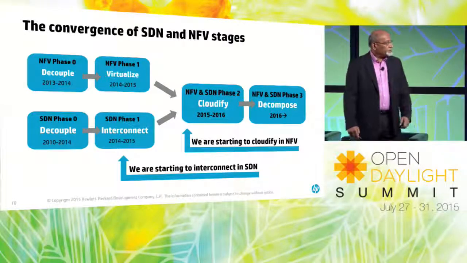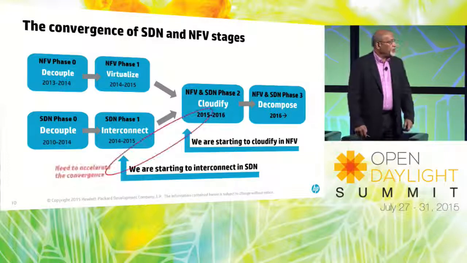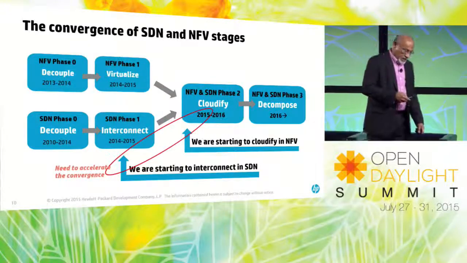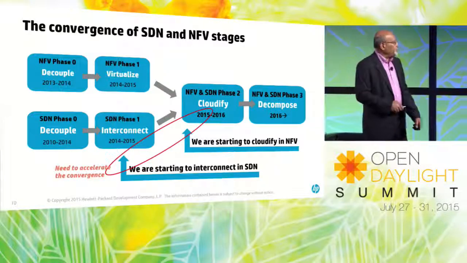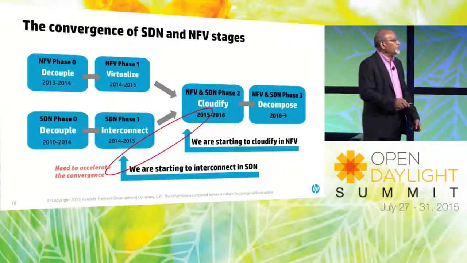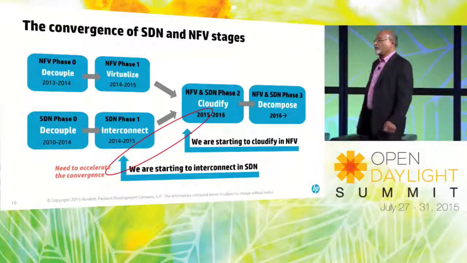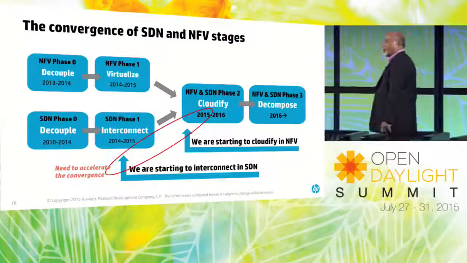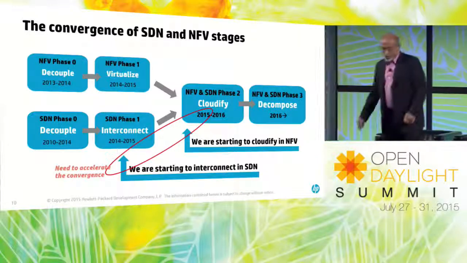So what we really need to do is to accelerate this convergence and make a concerted effort to move the SDN capabilities into the cloudify phase quicker, so that we can get the NFV SDN synergies.